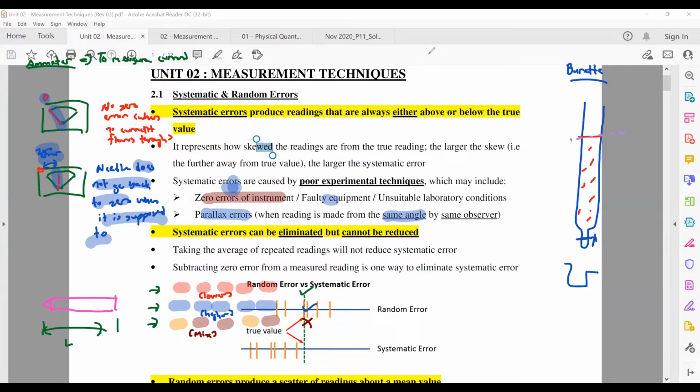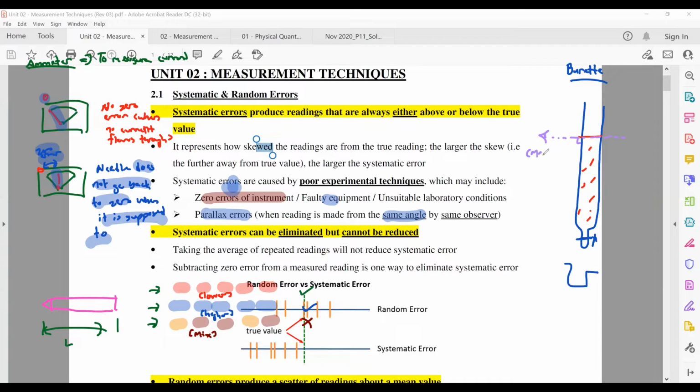Let me just redraw this properly. Good practice will always be to read it at the meniscus level. This is what you've always learned. You need to read it at the meniscus level, perpendicular to the reading.